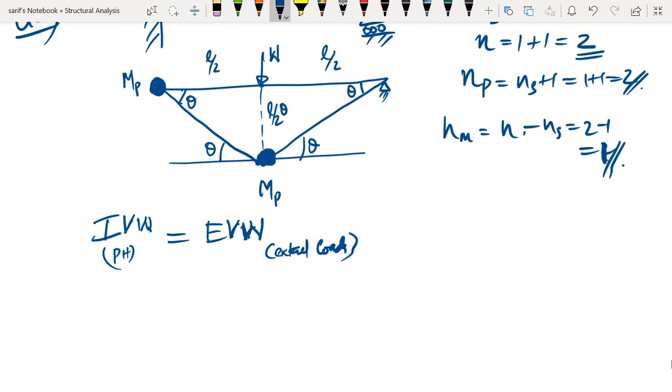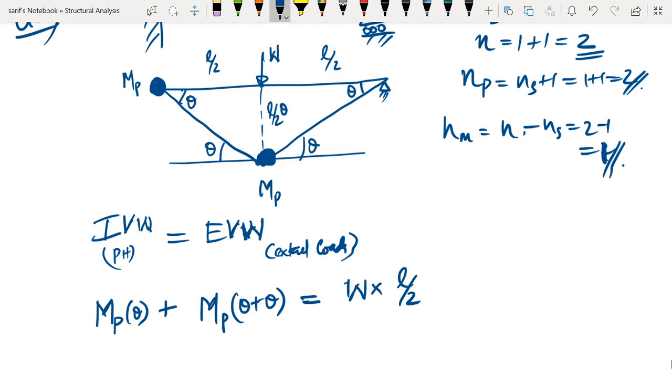So if we equate them, the internal virtual work done by the plastic hinges: for the first plastic hinge, the change in angle is theta, so Mp into theta, plus for the second plastic hinge, the total change in rotation that has occurred at the plastic hinge is theta plus theta. This is equal to the work done by the external load, that is W into distance, that is L by 2 theta.